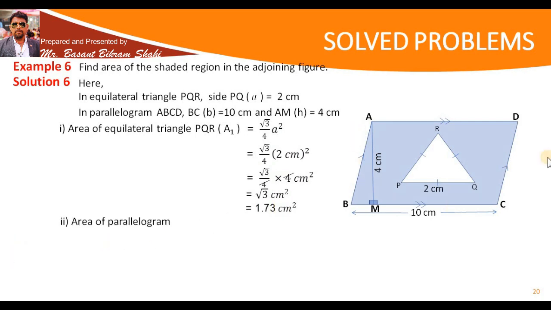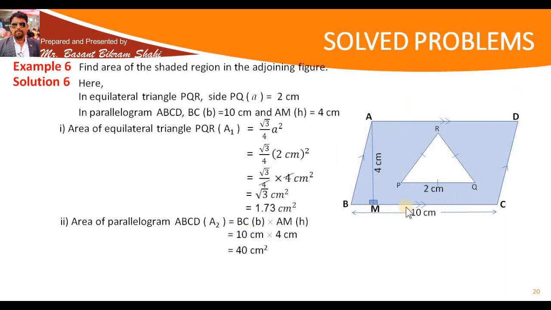Secondly, we find the area of parallelogram ABCD, denoted by A2. Area of parallelogram is base into height, base BC and height AM. Base is 10 centimeter and height is 4 centimeter. 10 into 4, 40 square centimeter.